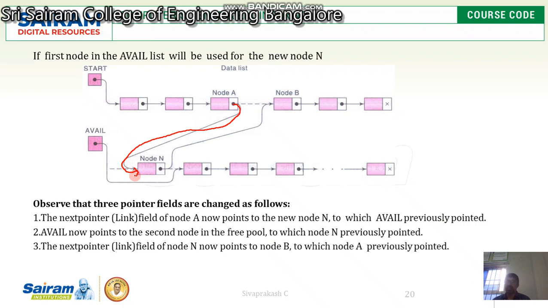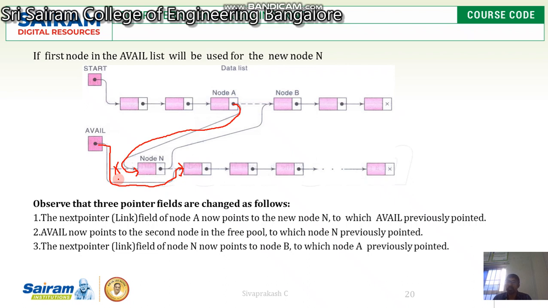Avail was having an address of the node N. Now avail is going to point to the second node. This got lost, got disconnected. So avail now points to the second node in the free pool to which node N previously pointed.